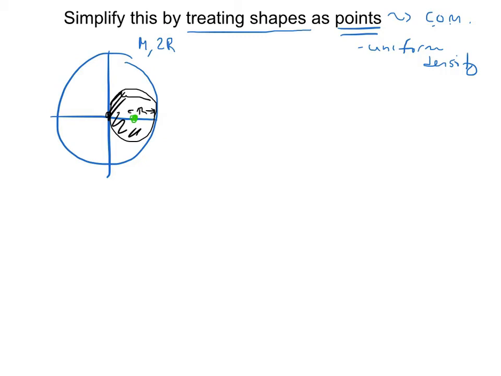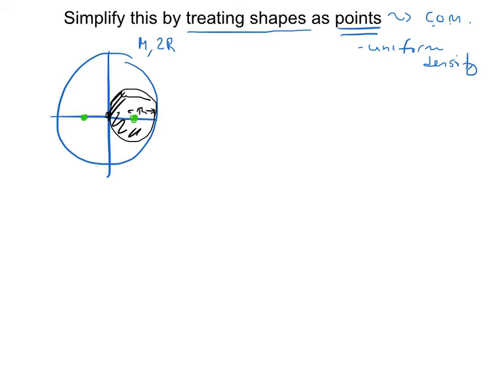And then my new center of mass, it was here. Now it's going to slide a little bit over to the left. It's sliding a little bit to the left because I'm removing the same amount of circle from above and below the x-axis, so it won't affect my y position. But since I'm removing mass from the right-hand side, I have more mass on the left-hand side, so it's going to shift to the left.